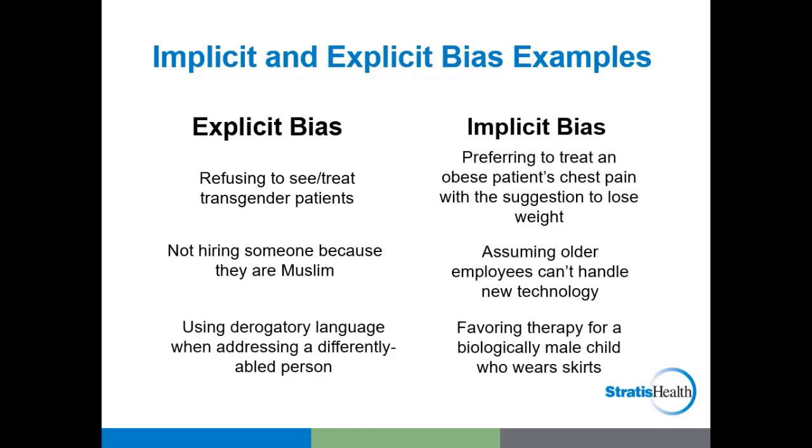A common example of implicit bias is a study done in a science-related field, where there was a call for resumes. This organization put forth two exact resumes, but changed the names. One was specifically male and one was specifically female. Everything else was the same.